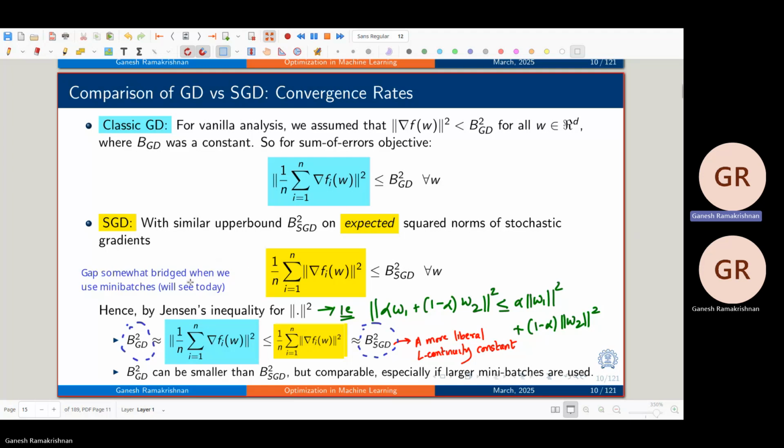However, this also gives you some motivation. So let me write down this important point, right? What have we observed? The pros and the cons of stochasticity. So the pro is, of course, n times faster epoch, right?